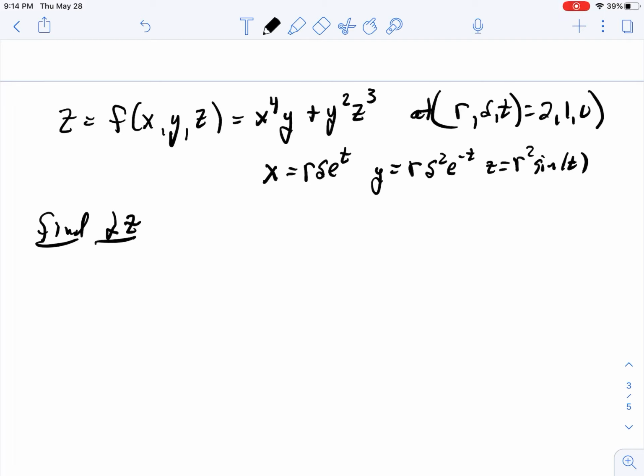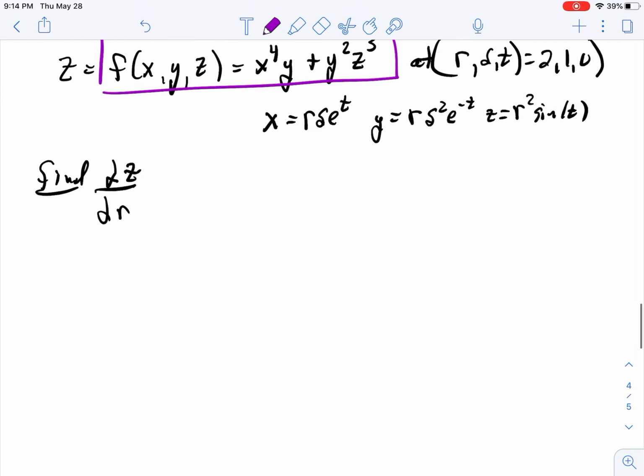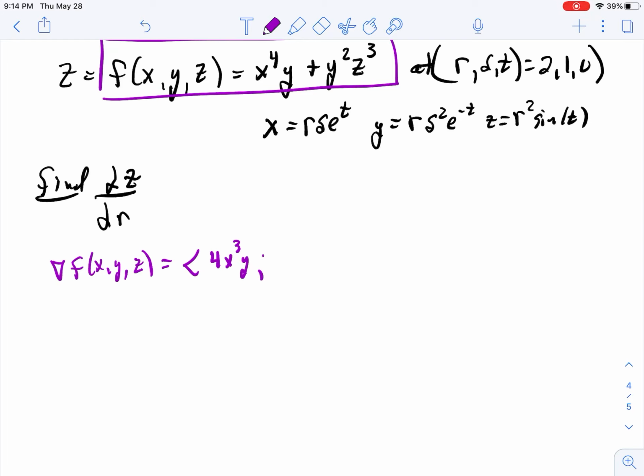All right, so let's start off with the gradient. So we have to change this function into a vector. Okay. So the gradient of f of x comma y comma z. First off, the derivative of x would be 4x cubed y, plus, and that'd be 0 looks like.